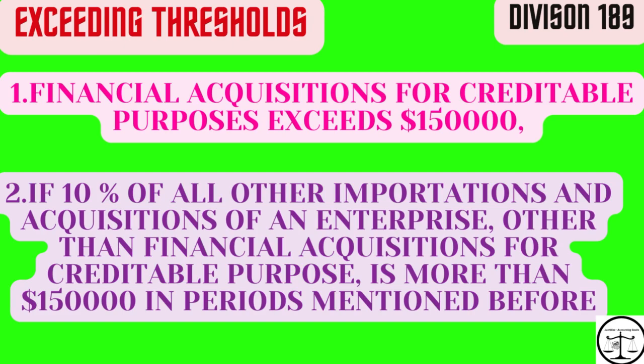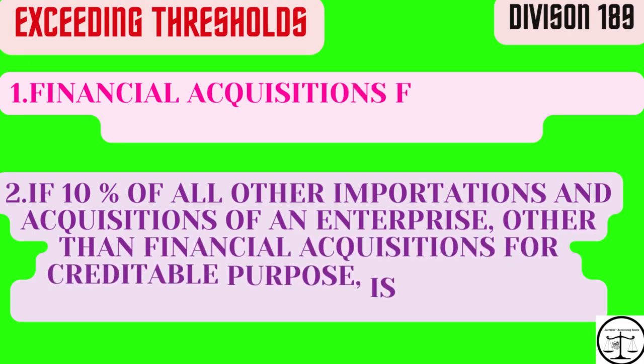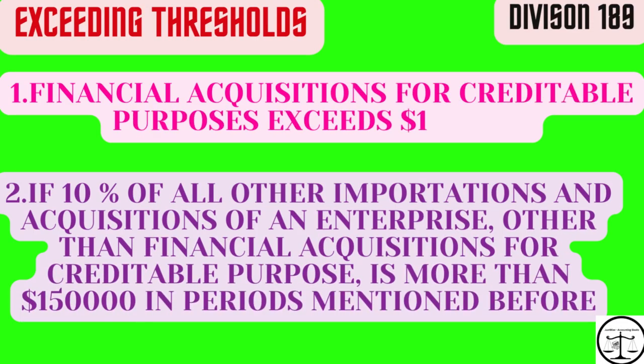And or B. If 10% of all other importations and acquisitions of an enterprise, other than financial acquisitions for creditable purpose, is more than $150,000 in periods mentioned before. For example, if your total acquisitions and importations are more than $1.5 million, then you have exceeded financial acquisitions threshold.